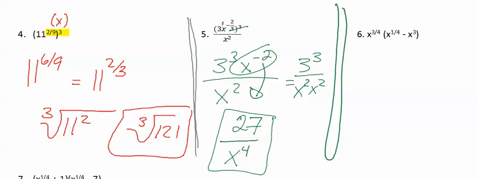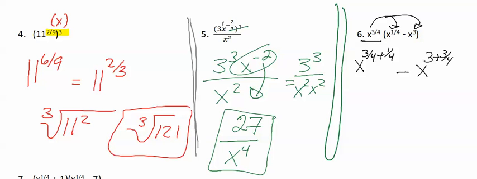And finally, number 6. I have a number on the outside, so I'm going to take this number and distribute it. Now, since I'm distributing, I'm multiplying. And since I'm multiplying with the same base, I'm adding those exponents. So for the first one, it's going to be x to the 3/4 plus 1/4. And then minus x to the 3rd plus 3/4.